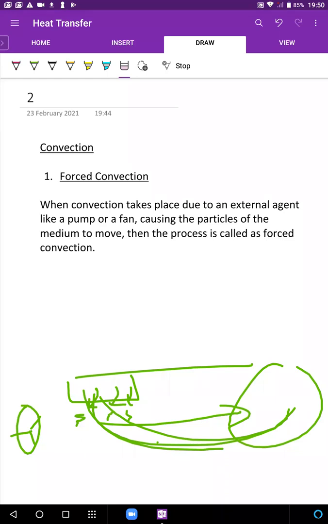कोई बोल रहा है, can movements of electrons due to potential difference also be considered as convection if electrons are transferring heat? If electrons transfer heat, you can consider it that way.